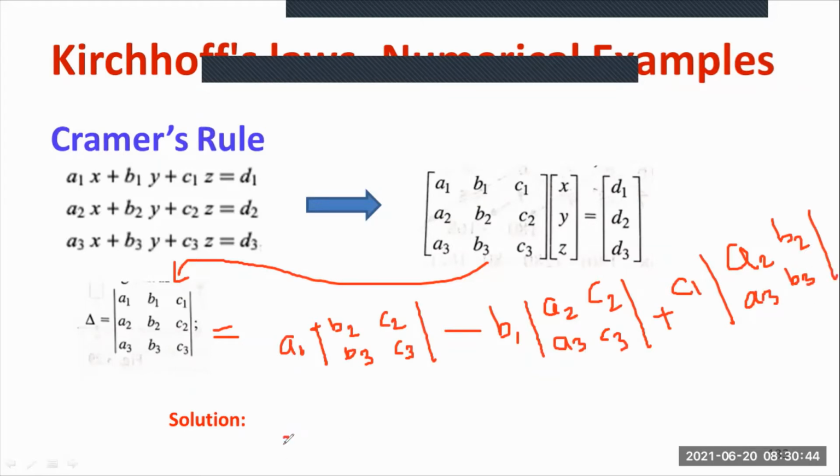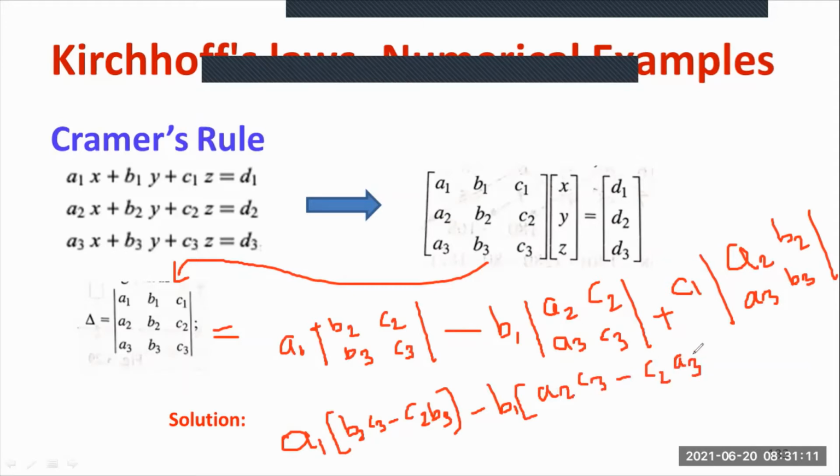Now again you can solve. A1 into, this must be B2 C3 minus C2 B3, minus B1 into A2 C3 minus C2 A3, plus C1 into A2 B3 minus B2 A3.